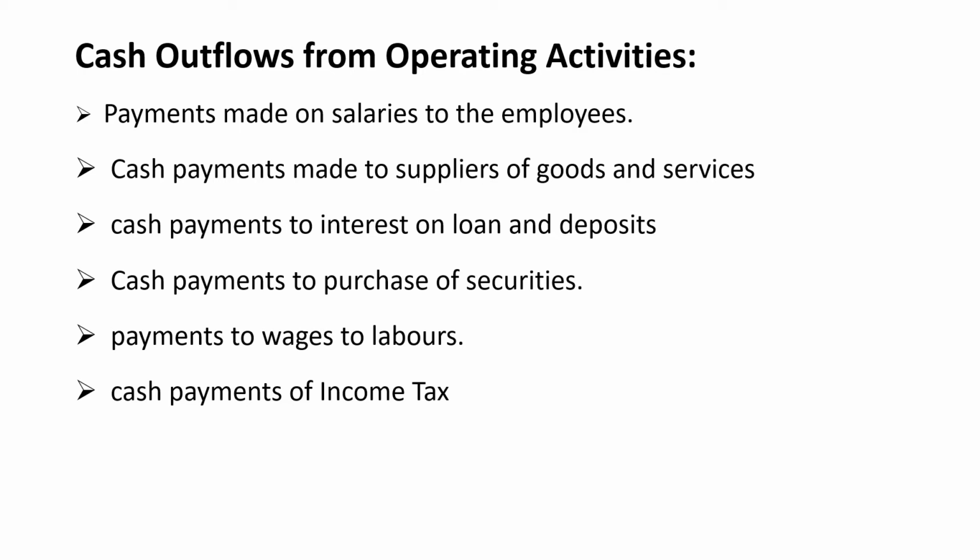Cash payment of interest on loans and interest on deposits. Cash payments for purchase of securities. Cash payment of wages of laborers. Cash payment of income tax. These are some of the examples for cash outflow from operating activities.